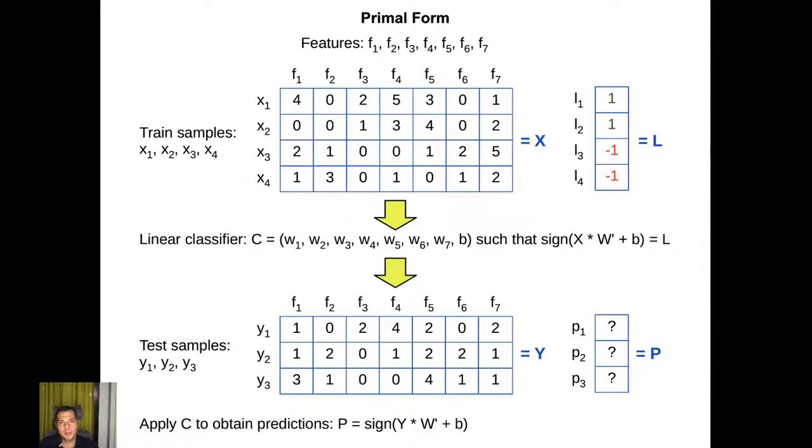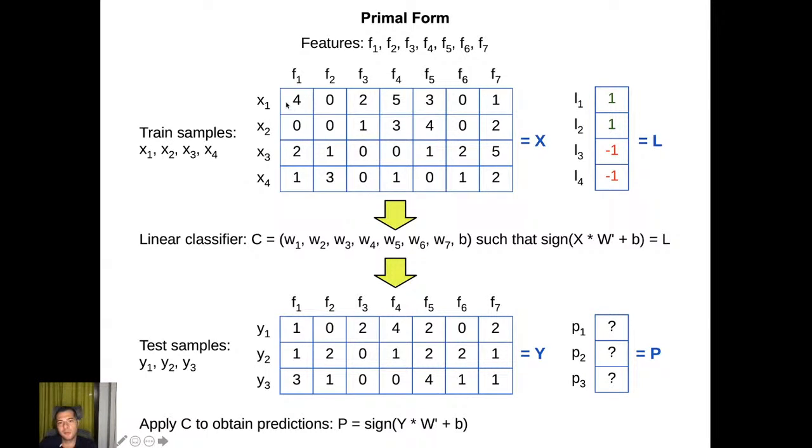So here is the primal form of the linear classification problem. We will introduce these notations, and we will also use them for the dual form. We have some training samples denoted by X. Just not to be confused with the example for the perceptron, here an input vector is x1, another input vector is x2, and so on.